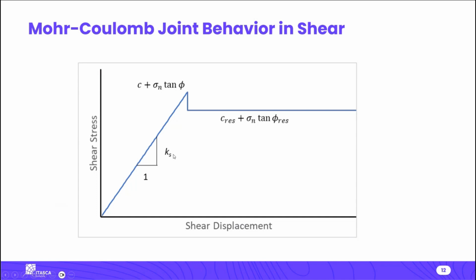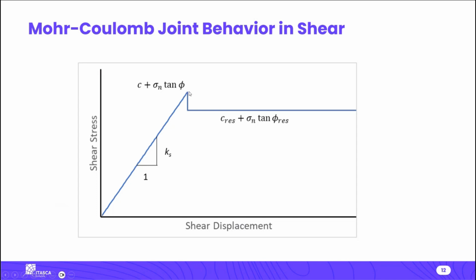So before this thing ever starts sliding, there is still some deformation in shear related to this shear stiffness. This line is usually pretty steep. The shear stiffness is usually a fairly large number. So what happens is you get this elastic component where you start shearing it. The shear stress starts to increase with a slope related to the shear stiffness.